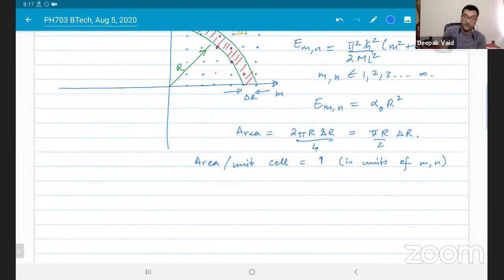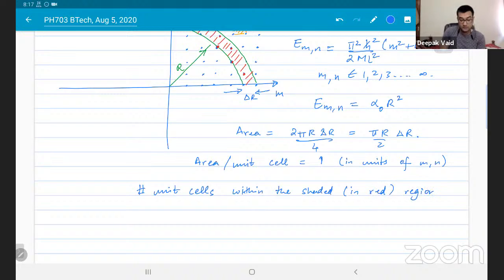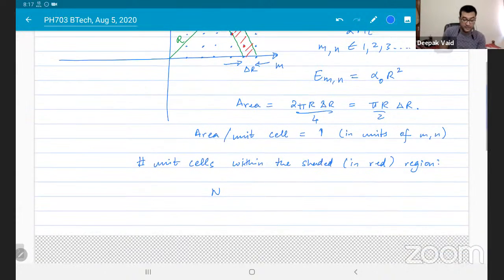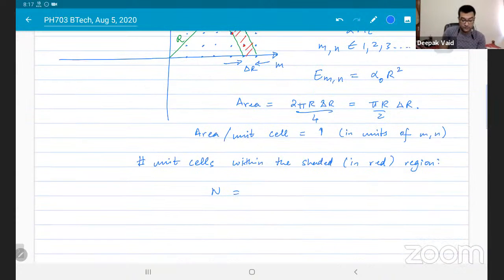So how many such unit cells are within that segment? The number of unit cells is equal to the total area of the region divided by this A naught, but this A naught is just 1.